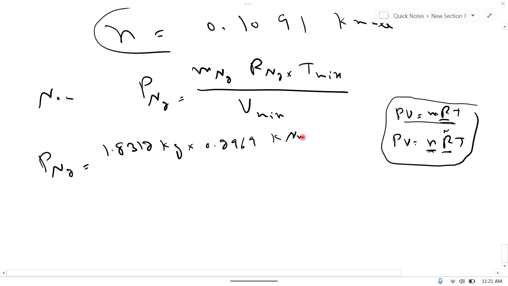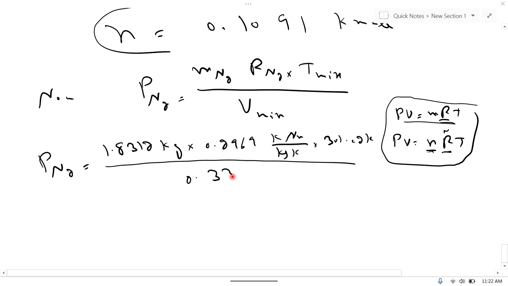Joule is equal to Newton meter per kilogram per Kelvin. The temperature of the mixture is 301.02 Kelvin, divided by total volume of 0.33 cubic meter.